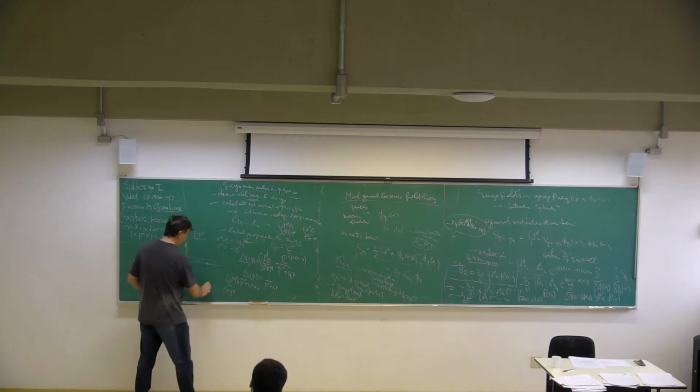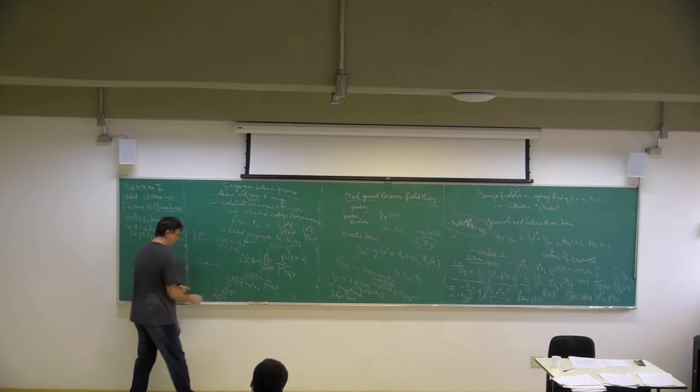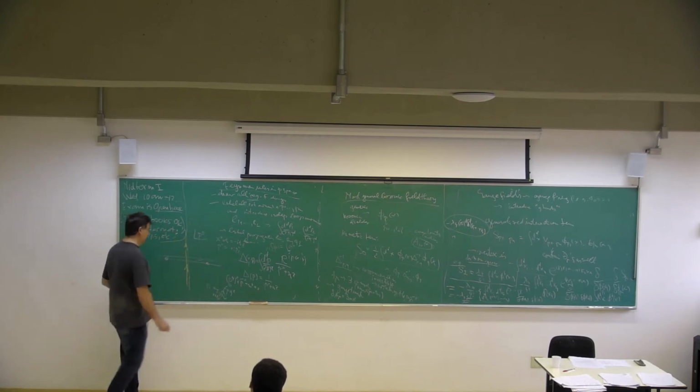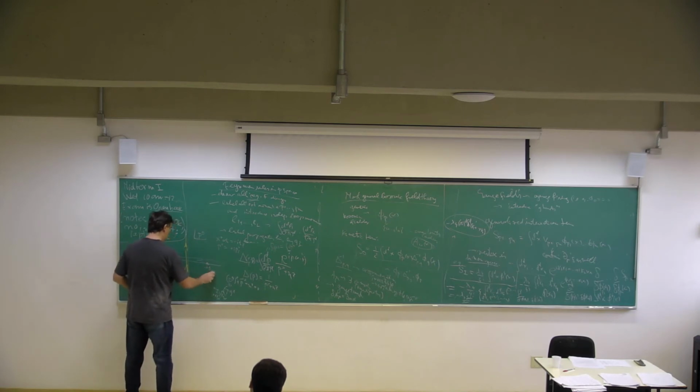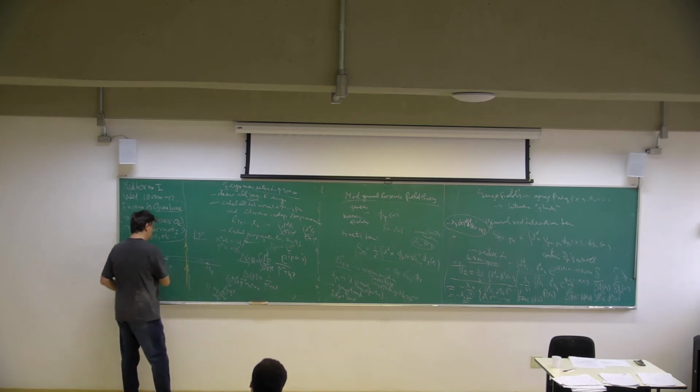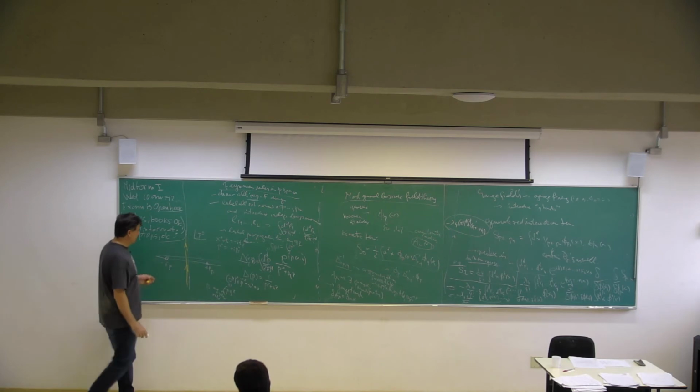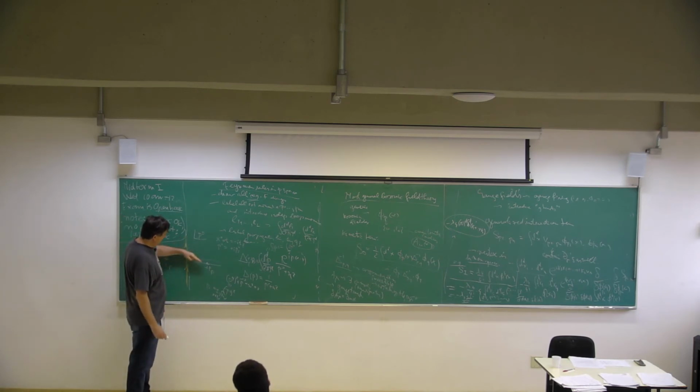So the pole is at P0 equal to plus or minus the square root of P squared plus M squared, which is defined as plus or minus E_P. This is plus E_P, this is minus E_P, the poles. So if I would rotate the contour completely, I would hit this.